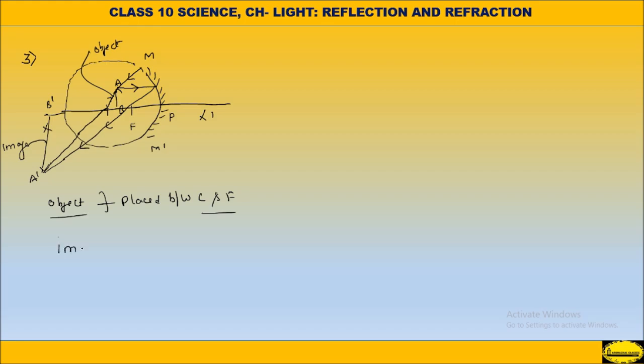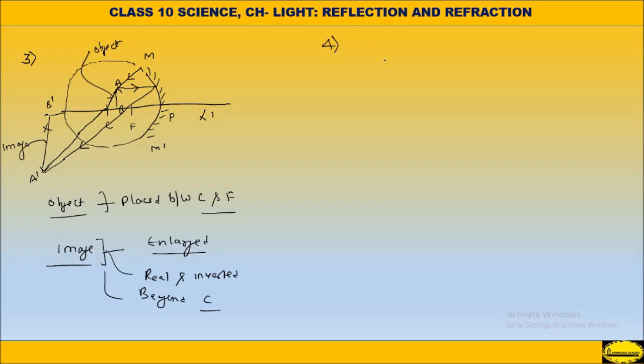So let us write down the image formed here is enlarged. Enlarged image is formed. The image is real and inverted. And what is the position of image formation? Image is formed beyond center of curvature.